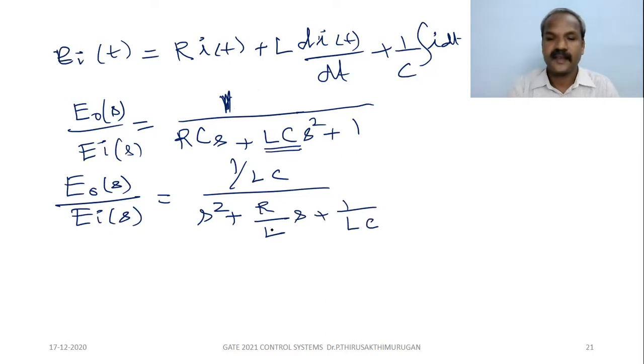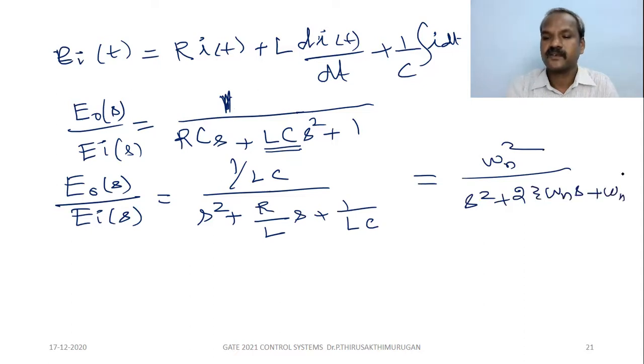Now compare with the standard second order system, S square plus 2 zeta omega n S plus omega n square.